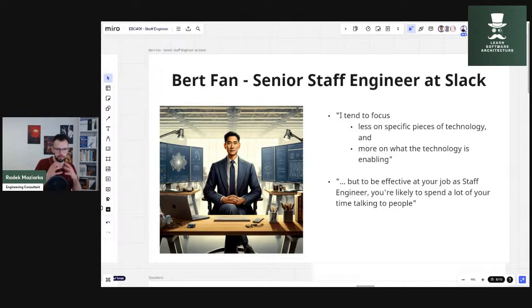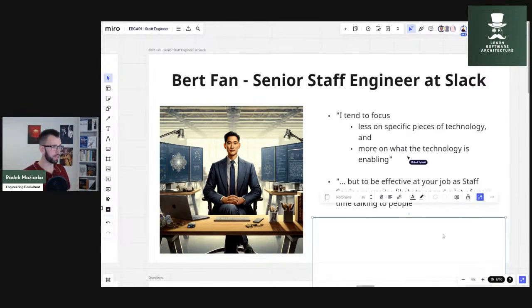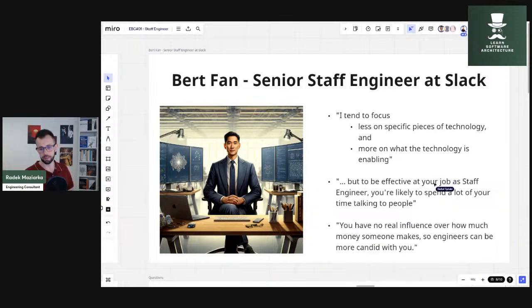But fortunately or not, working as a staff engineer means that you need to talk to a lot of people, because you need to convince and cooperate with a lot of folks from different teams and with different stakeholders. And because of that, you need to be very skilled, including social skills.